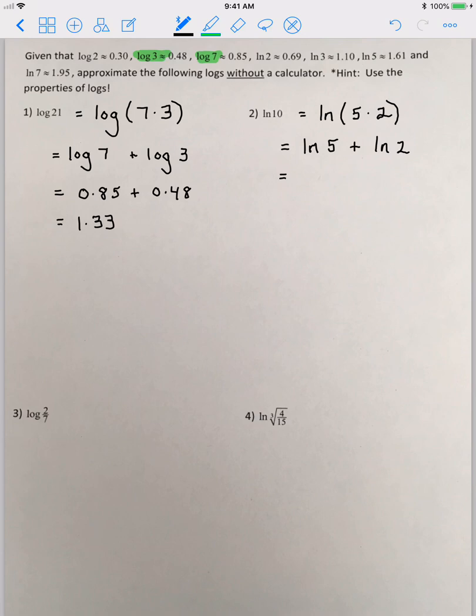The approximation they gave us for the natural log of 5 is 1.61, and for the natural log of 2 is 0.69. So we're going to combine those two together, 1.61 plus 0.69, and that's going to give us approximately 2.3.